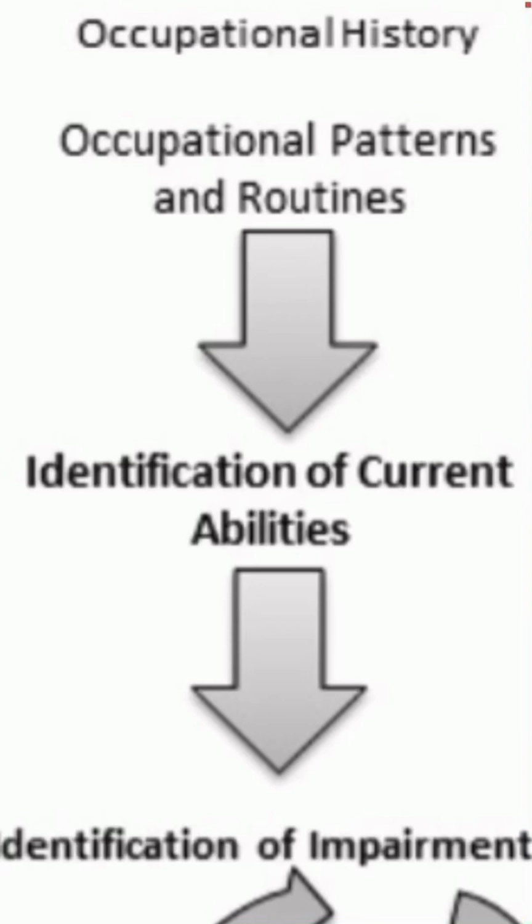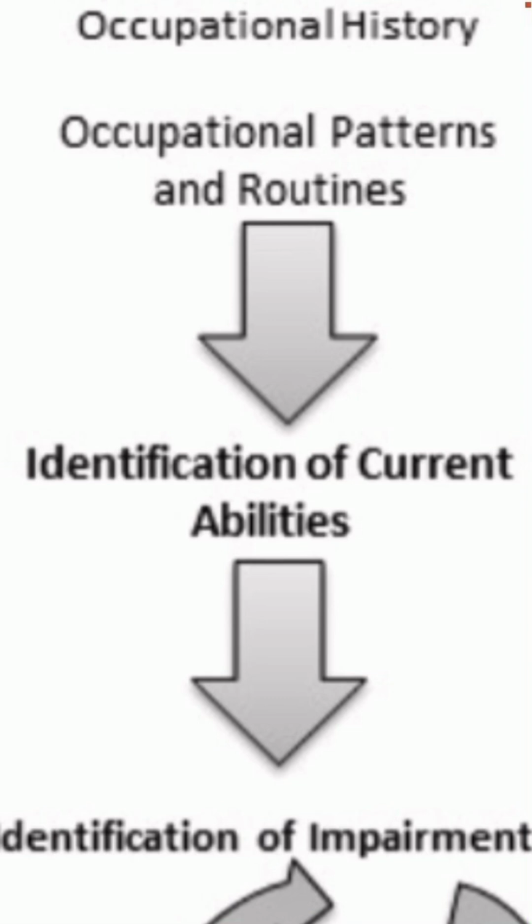Now you need to find out what their abilities are at the current level, and you can quantify it. There are many ways to quantify it, and I have a measure that at some point I'll give you a tutorial about. You then compare these current abilities to their baseline abilities.